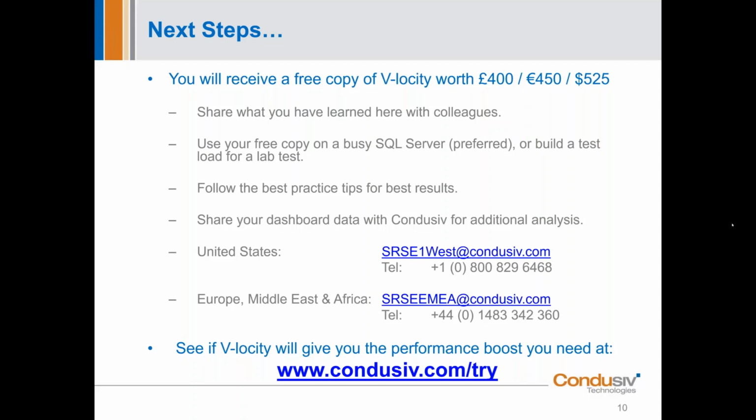The 30-day trialware, as the name suggests, will run fully featured for 30 days. And if you're serious about testing the software, I would suggest using that 30-day trialware on as many machines as you can that share that backend storage. That's where you're going to see the most dramatic improvement. But yeah, the NFR copy is just for one Windows system.